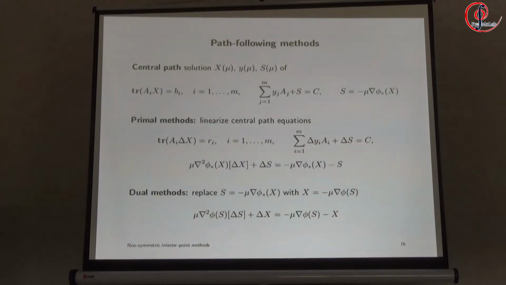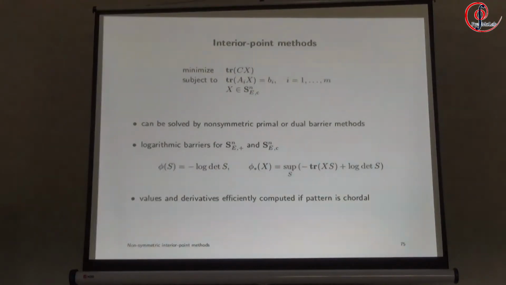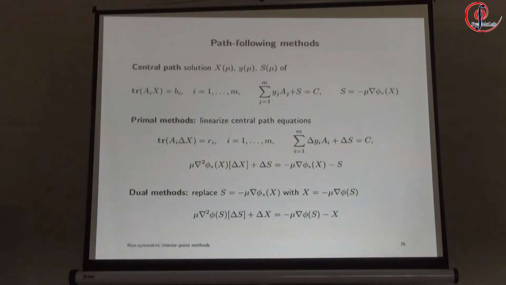So I'll skip the details, or even a high-level description, of the path following methods. But they're based on following the central path, so you have the primal feasibility and dual feasibility conditions, and then a gradient condition that characterizes the central path.